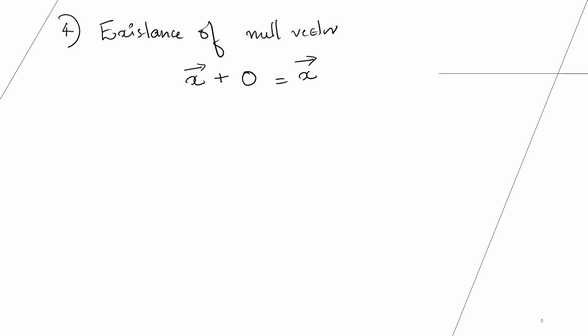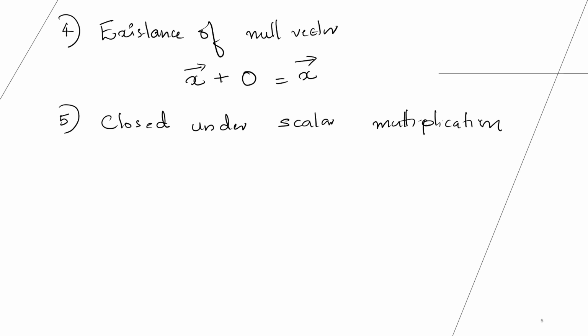The fifth property is that the linear vector space is closed under scalar multiplication. That is, let c be a scalar, and if we multiply the scalar with a vector x, we get another element y, where y is also an element of the linear vector space.